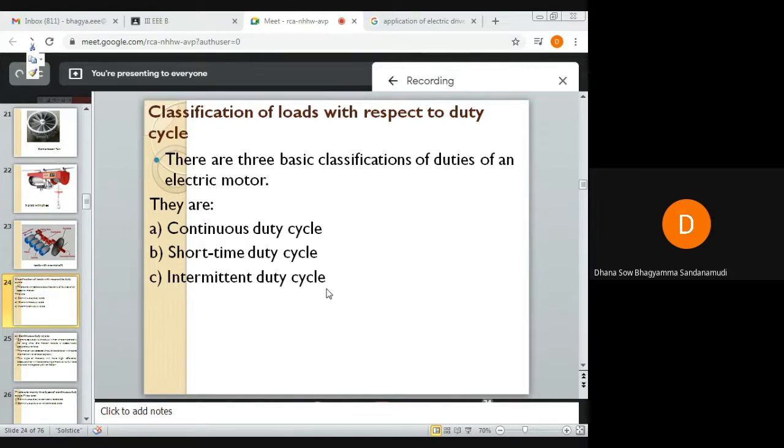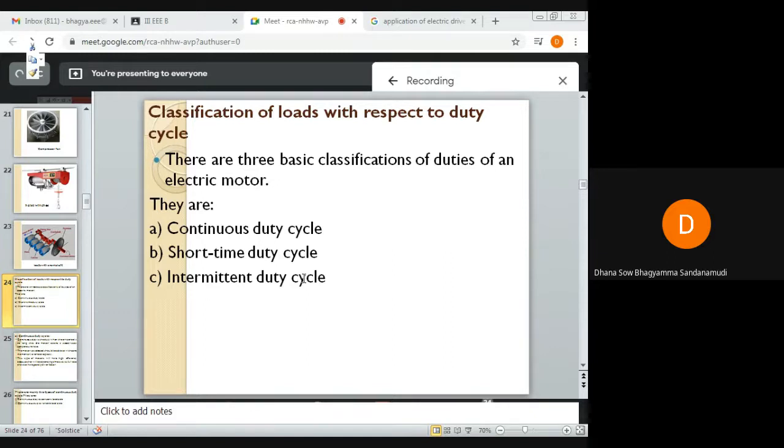Continuous duty is the duty when the on period is so long that the motor attains a steady state temperature rise.